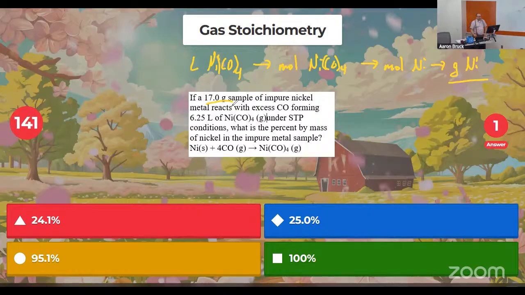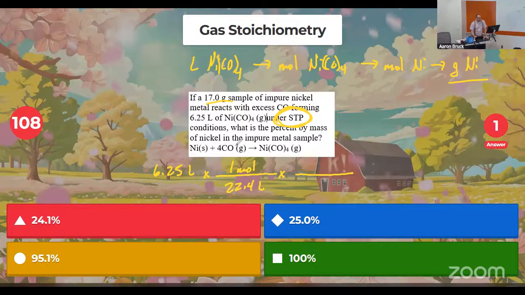Now, the trick to this is that we are under STP conditions. And so what the exam writers want you to do is recognize that it's STP, and instead of using the ideal gas law to figure out the number of moles, they want you to use the conversion. 6.25 liters at STP, 22.4 liters in 1 mole.